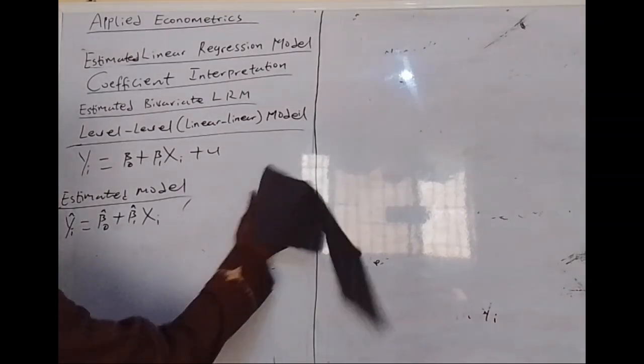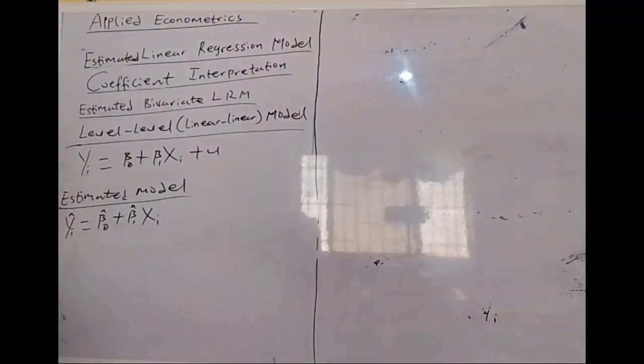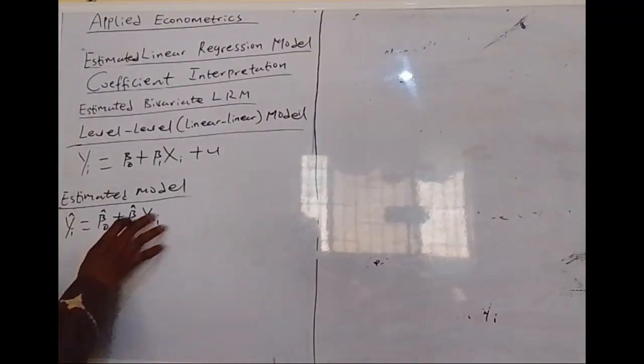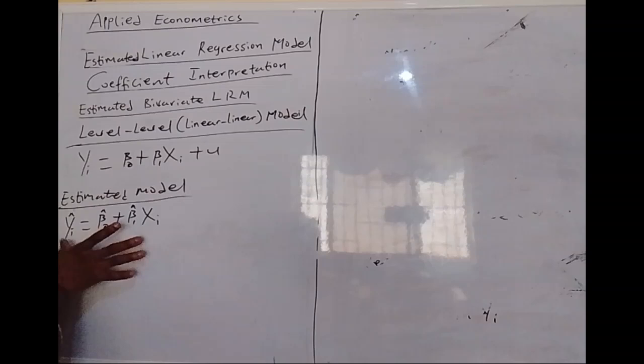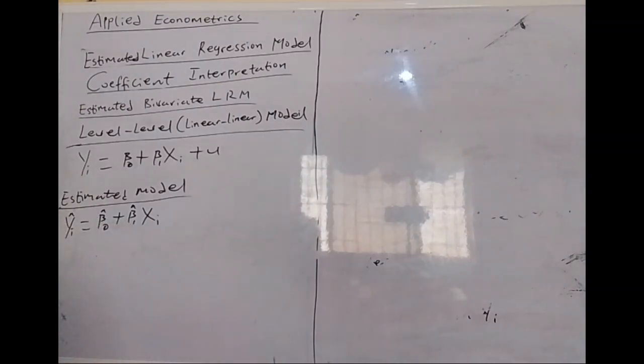Now, how do we interpret this? These variables may be in units, such as dollars or kilograms, as the case may be, or they may also be measured in percentages. That tells us there are different cases. So let's consider case one.